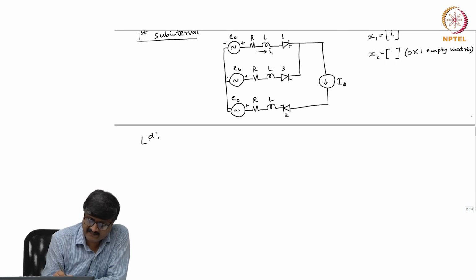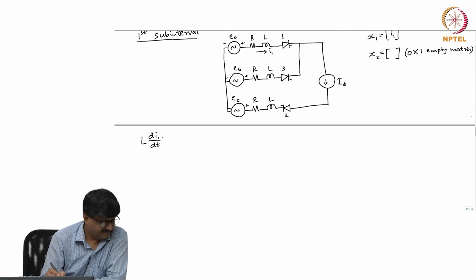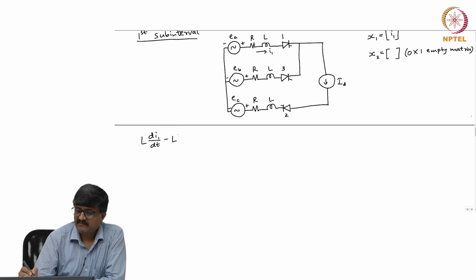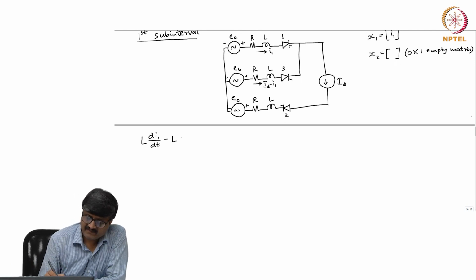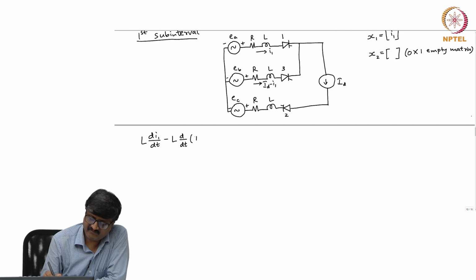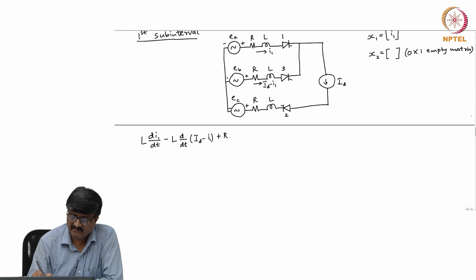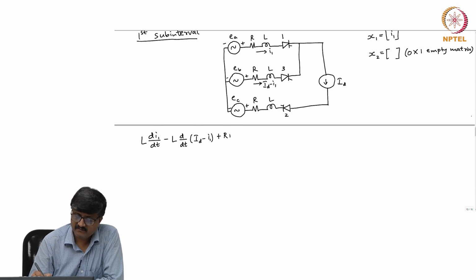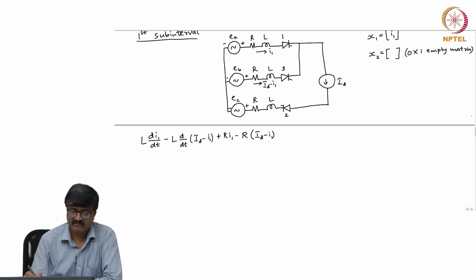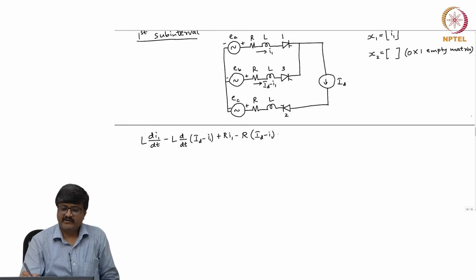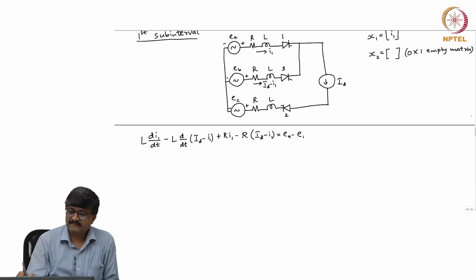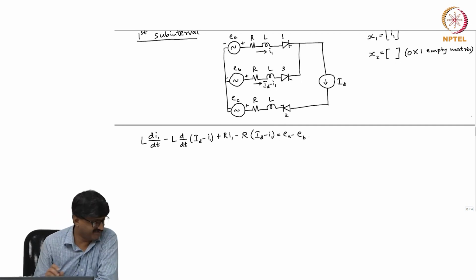L d I 1 by dt minus L, the current that is flowing here is I d minus I 1, d by dt of I d minus I 1, plus R I 1 minus R times I d minus I 1. So, this is equal to E A minus E B. This is by applying Kirchhoff's voltage law.